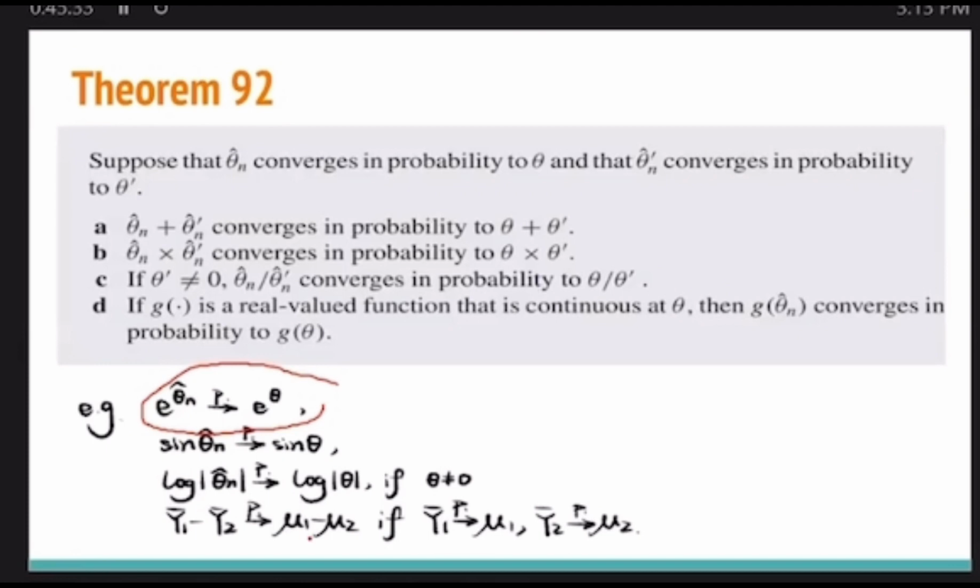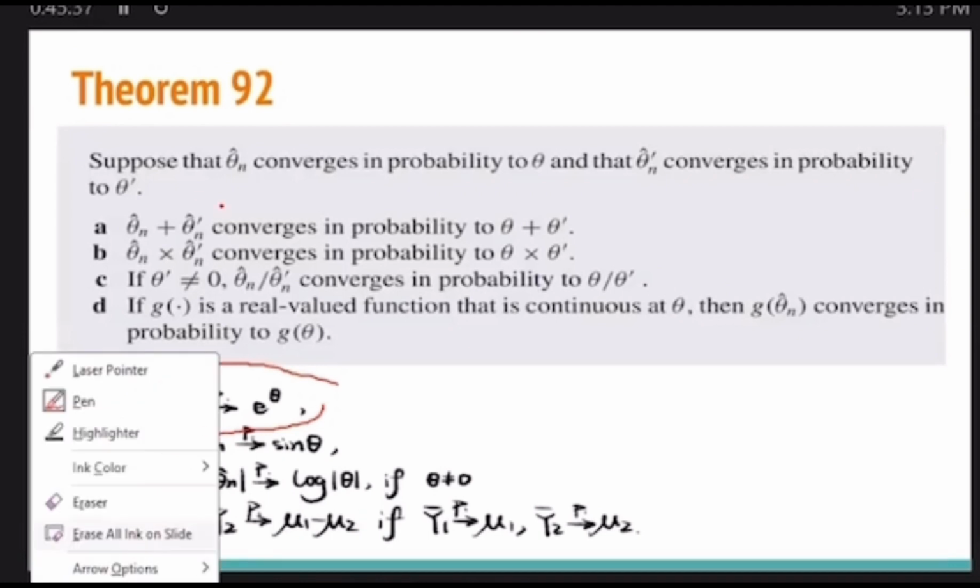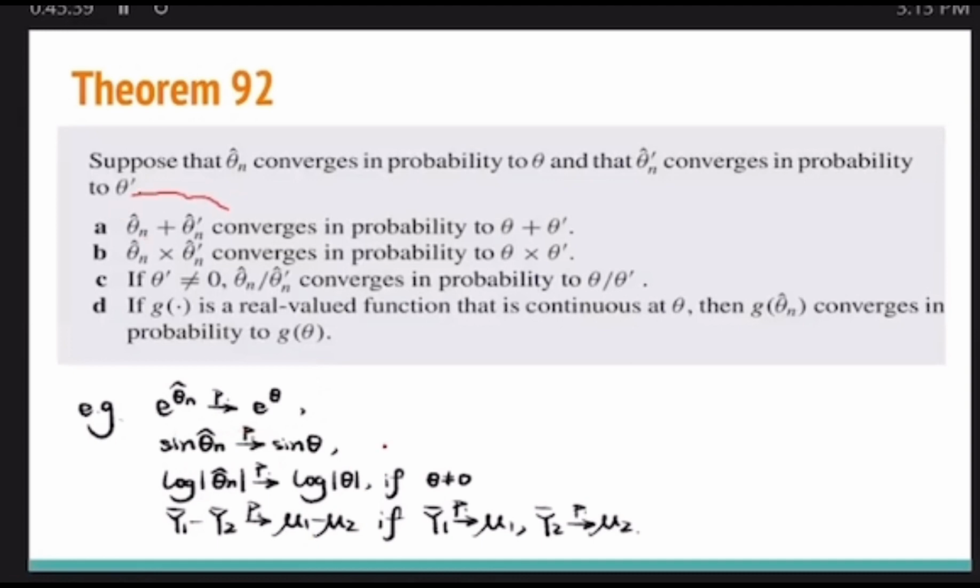Do you know that the law here enables us to do this? Because plus or minus also goes; if that doesn't hold, this is not going to hold. Y bar 1 converges to mu 1, Y bar 2 converges to mu 2, then the difference between them will converge to mu 1 minus mu 2.